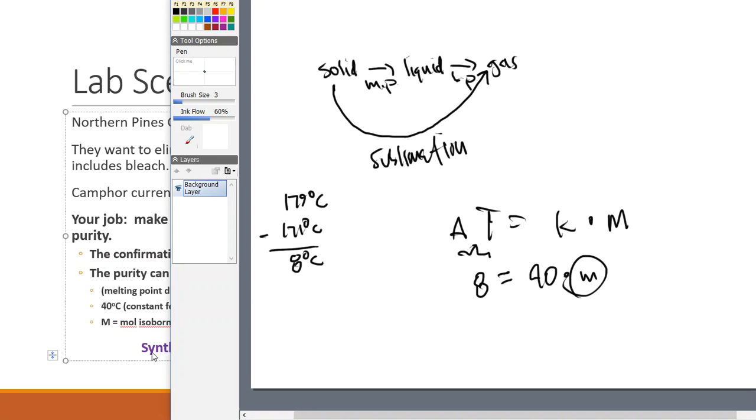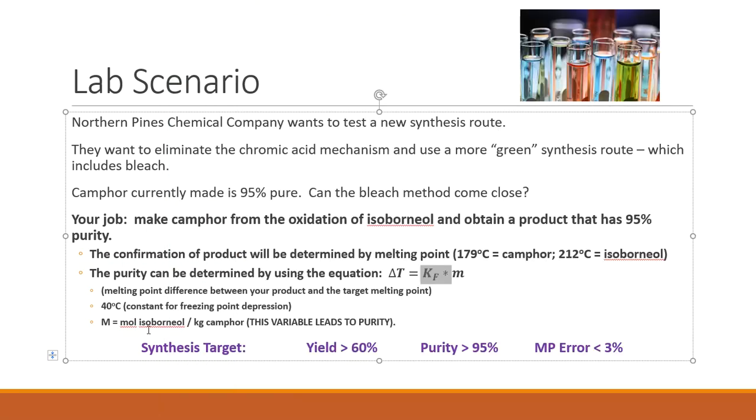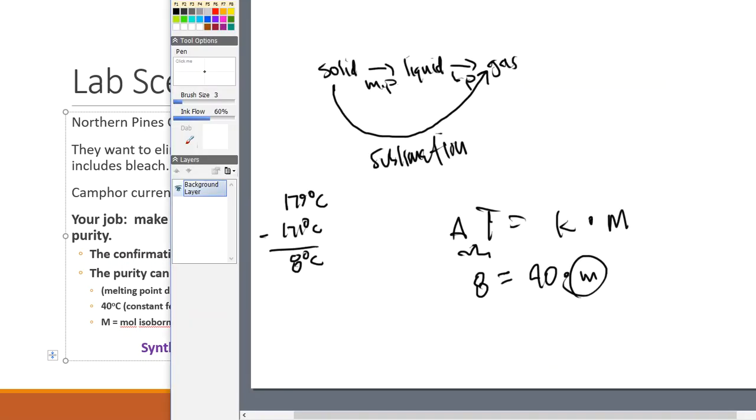So the m, if you take a look at the variable, represents mole of isoborneol per kilogram of camphor. I'm going to write this unit over to the side: mole of isoborneol per kilogram of camphor.